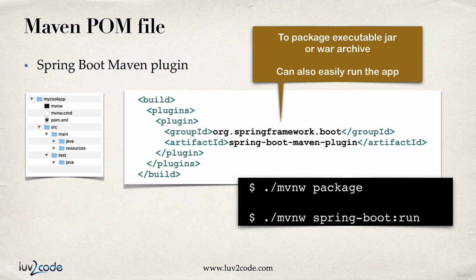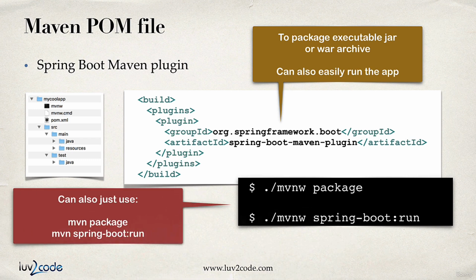So at the bottom, I simply say mavenw package, and then mavenw spring-boot:run, so I'll run the application. That's the idea of the Spring Boot Maven plugin for packaging and also for running. Now, if you already have Maven installed on your computer, then you don't need the Maven W stuff. You simply say mvn package and then mvn spring-boot:run. So it's totally up to you based on your environment and configuration.